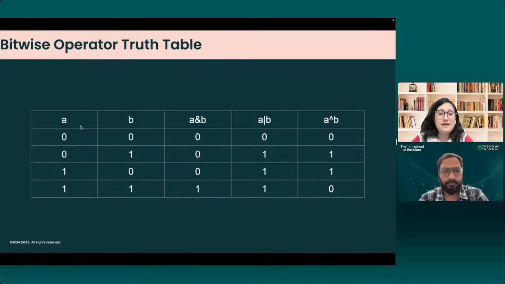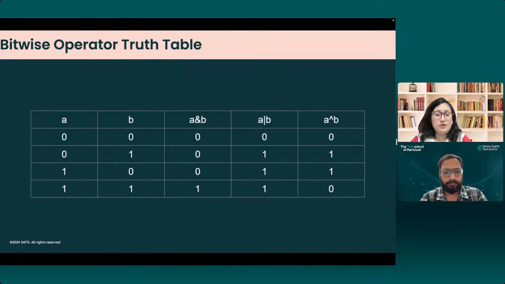Now, if you have A and B as 0 and 1, where two inputs are given, one is 0, one is 1, the AND operator is going to give you a 0 again, because both should be 1 in order to get a 1 from the AND operator. But even if a single operand is 1, the OR operator would still give you a 1, right? And the XOR is also going to give you a 1, because it needs two different operands.